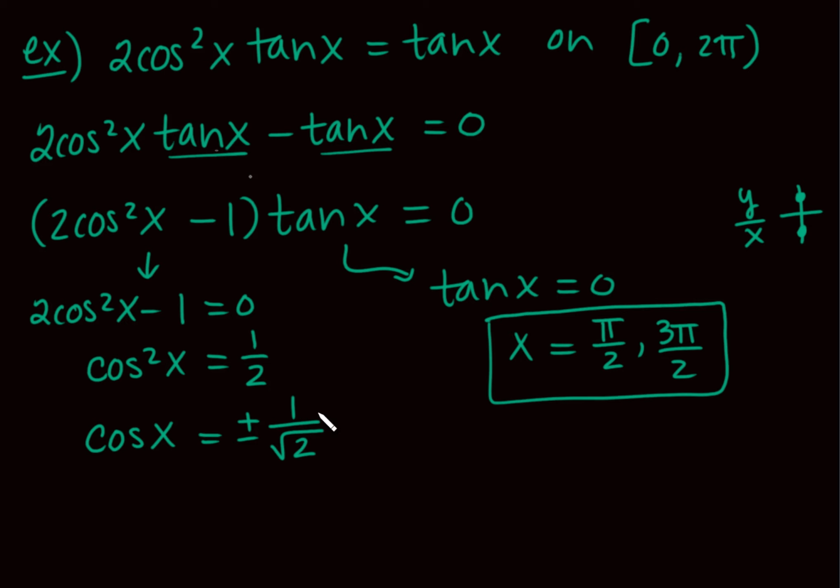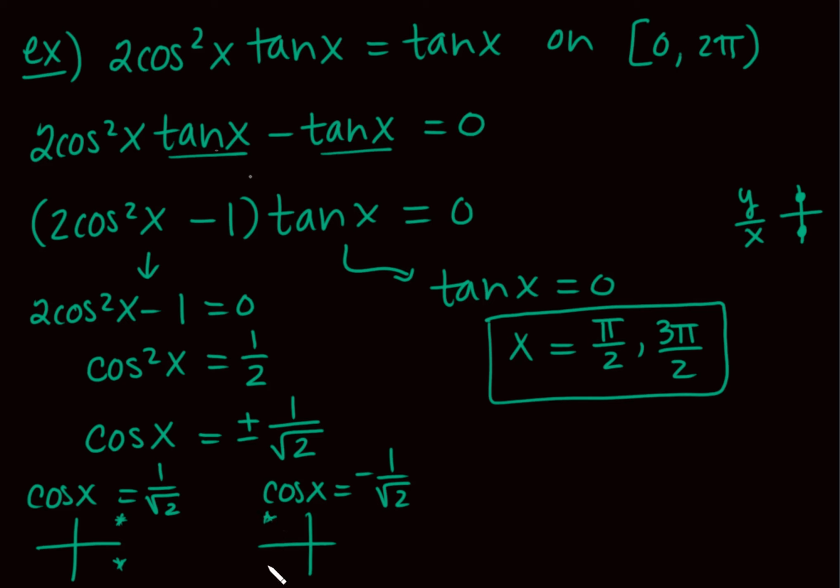And then cosine here, so if I look at cosine of x being a positive 1 over root 2, where's cosine positive? Again, that's 1 and 4. And then cosine of x being a negative 1 over root 2, cosine's negative in 2 and 3, okay? So where is it positive?